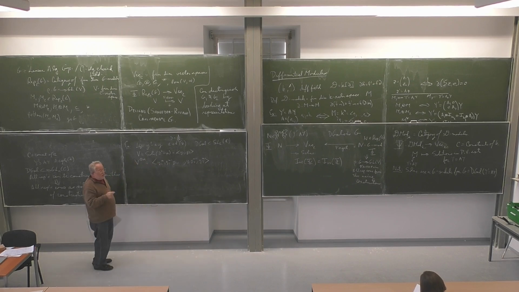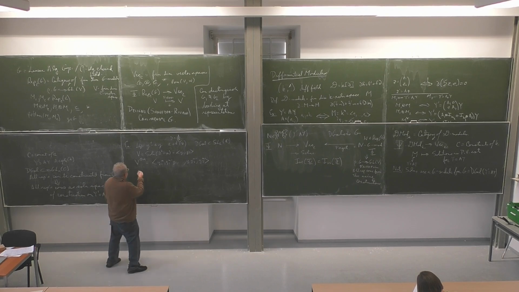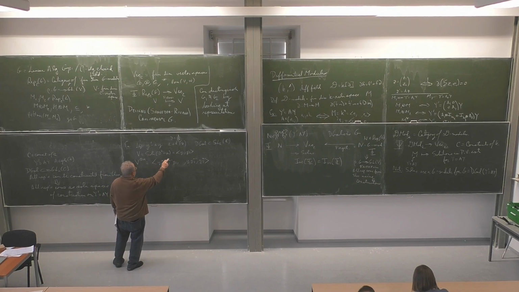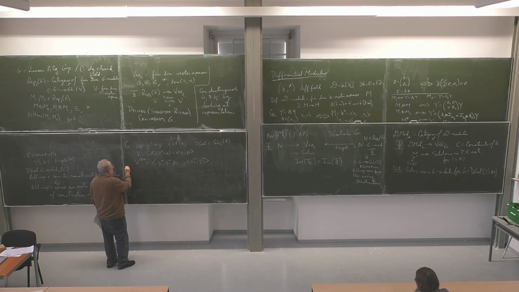Now, for second order equations, we're really lucky. In theory, this is just some new vector space. If V has dimension 2, the symmetric power has dimension m plus 1.